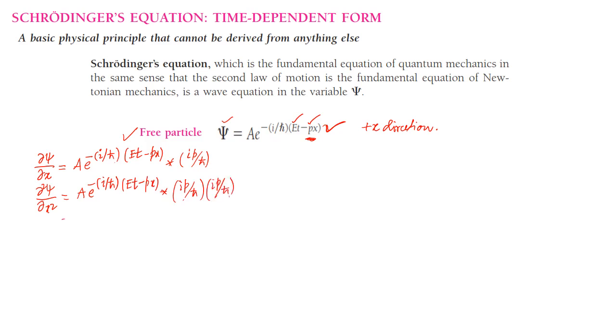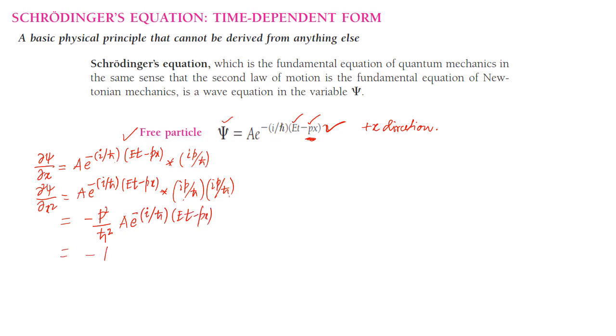So this is i square, which is minus p square over h cross square, times A e to the power i over h cross (Et minus px).